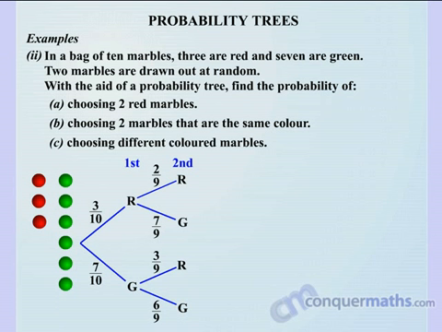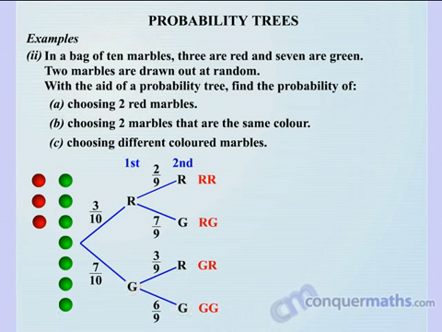Right, now that's really the hard part done. Once you've got your probability tree, the rest is easy. Let's put our marble back, otherwise we might lose it. Righto, 2 reds, first one, next one, red green, next one, green red, finally green green.